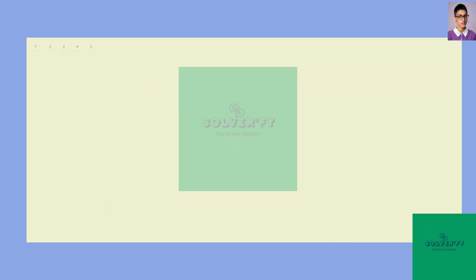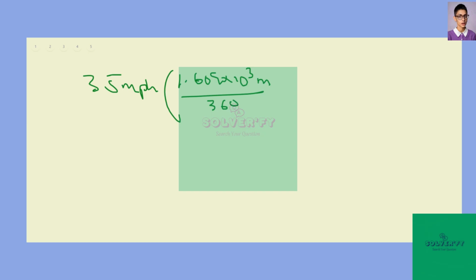We're going to do that on the next page. We are given the speed limit as 35 miles per hour. So we'll multiply that by, we want to change that to meters per second, so 609 times 10 to the 3 meters over 3,600 seconds. And that gives us 15.64 meters per second.